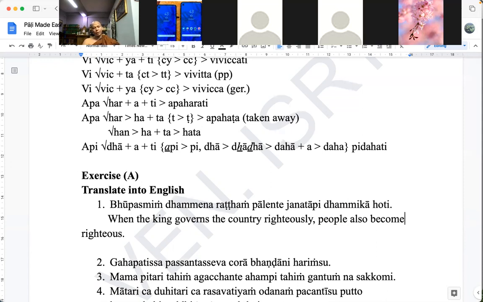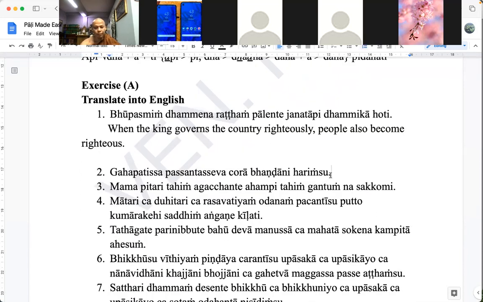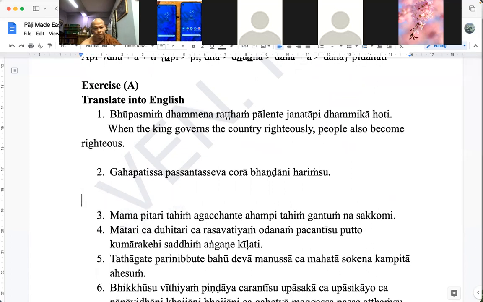So, okay, next. Kahabadesa Basan Dasiwa Jora Bandani Harensu. Jora Bandani Harensu. So here, Kahabadesa and then Basan Dasa Eva.